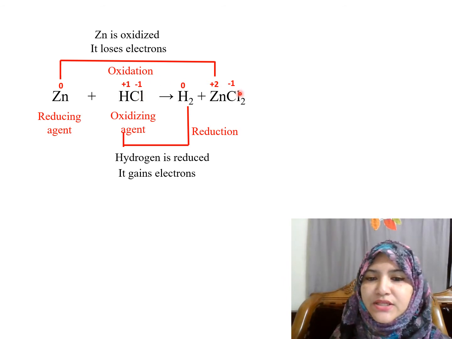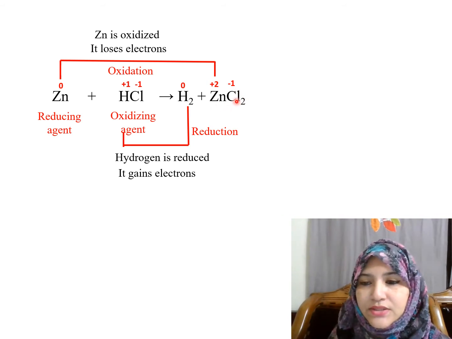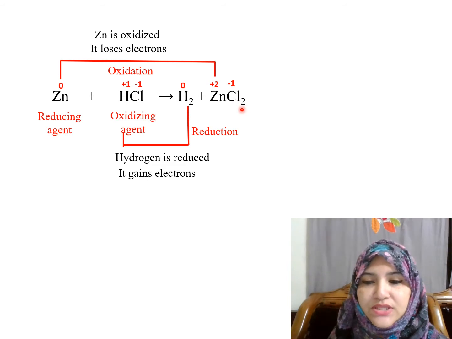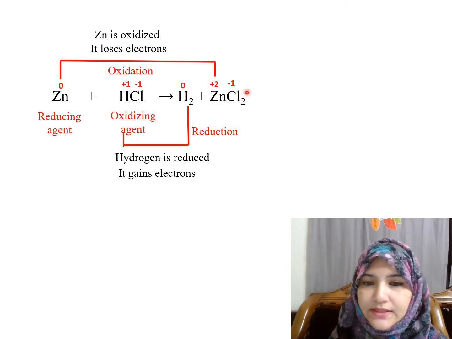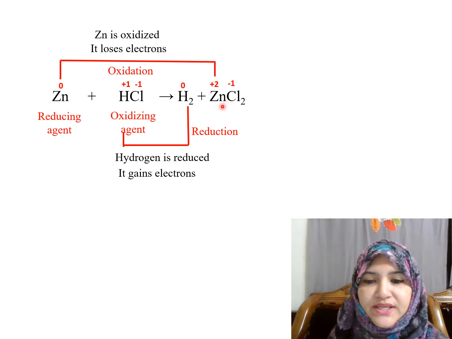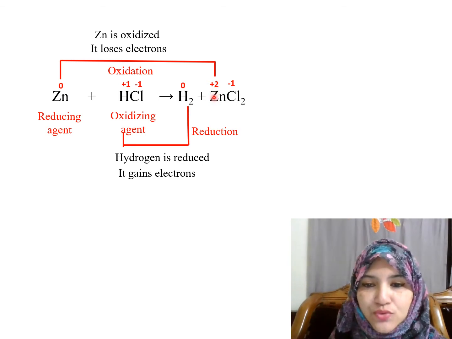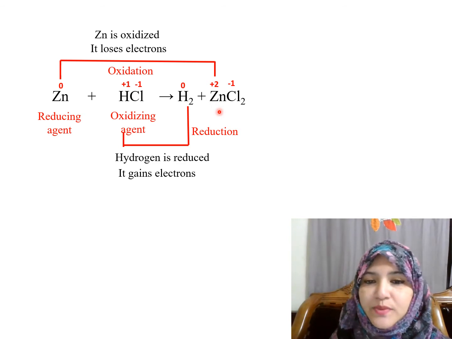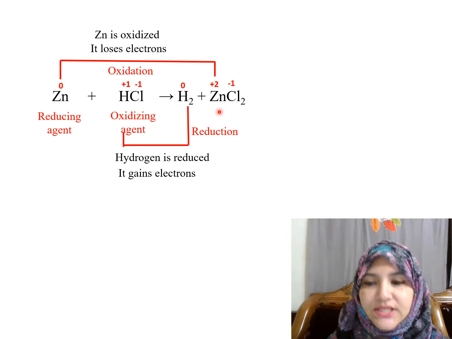On the product side, in zinc chloride, the chlorine is still -1. And since two chlorine atoms are present, zinc has to have +2 charge, that means +2 oxidation state.